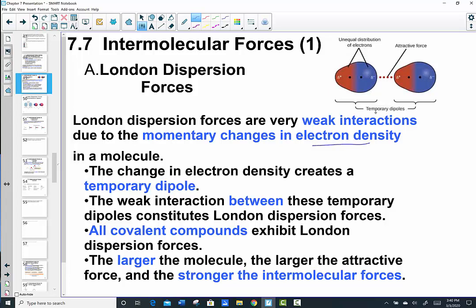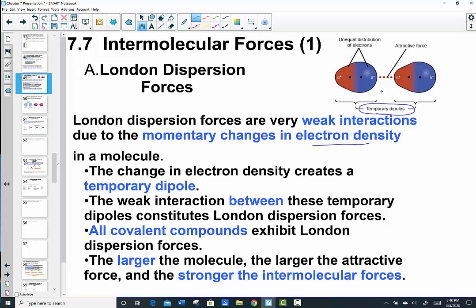When they do so, they create what are called temporary dipoles, just a quick fleeting moment of time where the electron cloud, remember that's just kind of a squishy cloud, can create an area that has a positive and a negative attraction. Here's an example of molecules that come so close together.